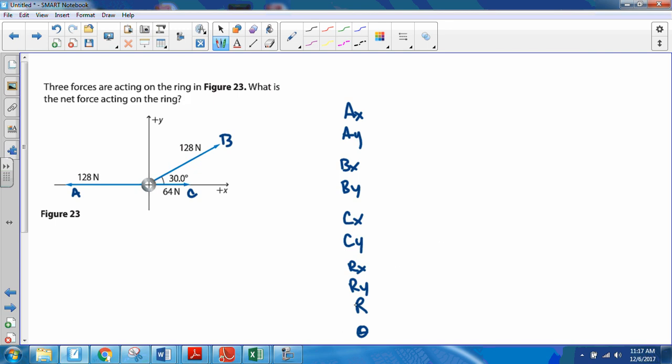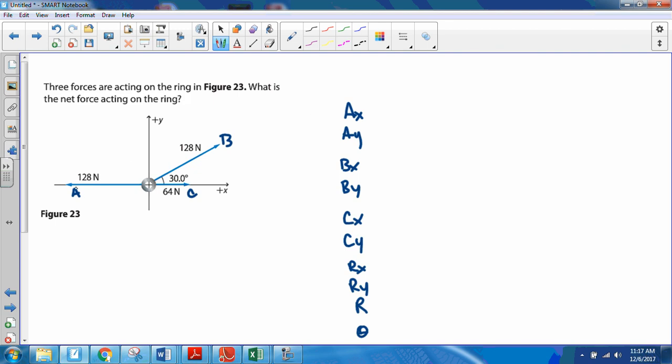I need to know not only where it is, but also what direction it's pointing. It looks like a lot of work, but it's very short work.